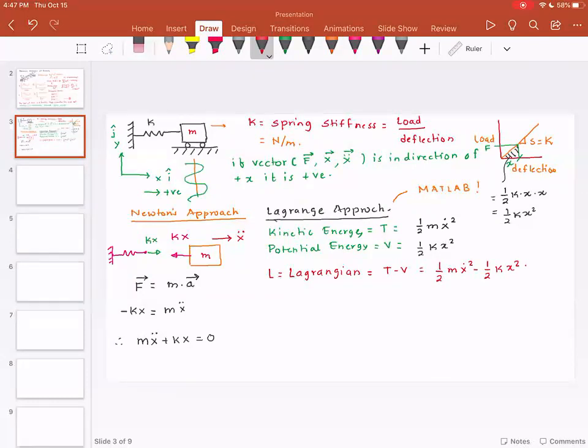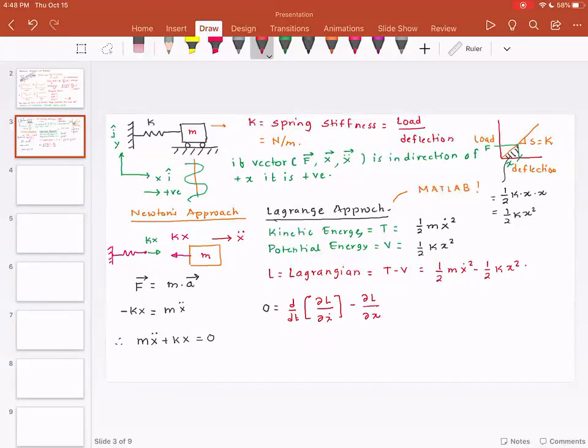There is something called the Lagrange equation, and that equation is something like this: 0 is equal to d by dt of partial L by partial x dot, minus partial L by partial x.